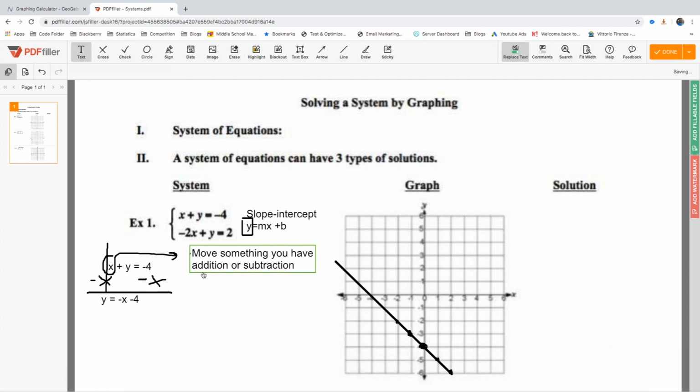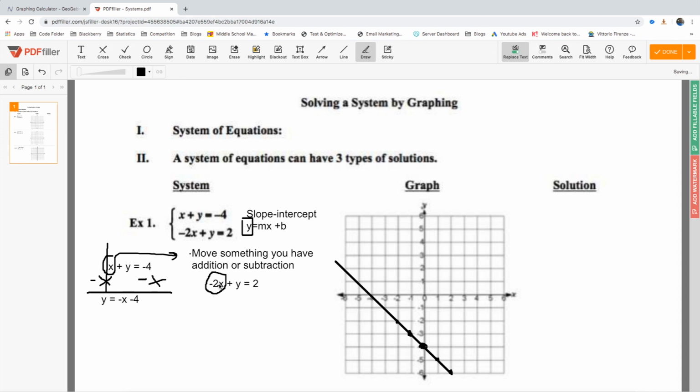All right, so now I'm going to rewrite the second equation and do the same thing. I got a negative 2x plus y equals a positive 2. Again, based off of the formula, I know that I gotta move this negative 2x because y needs to be here by itself. And I need to move that guy.